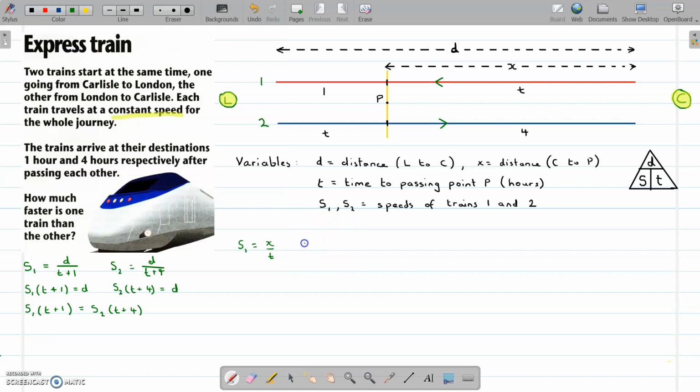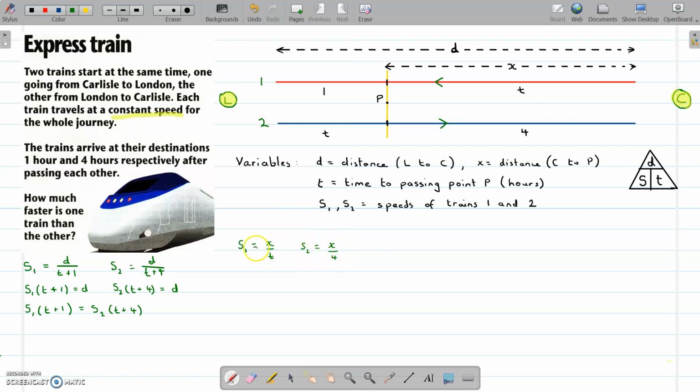And we can say that S2, if we look at its journey from the passing point to Carlisle, we know that it was travelling at a constant speed. It took 4 hours to cover the distance x. So S2 could be described as x over 4. That's its distance divided by the time it took.